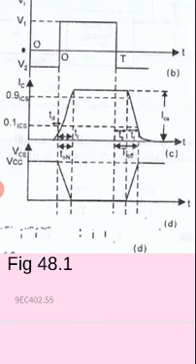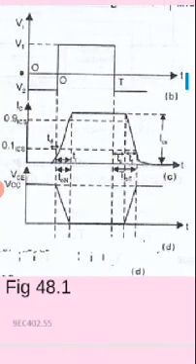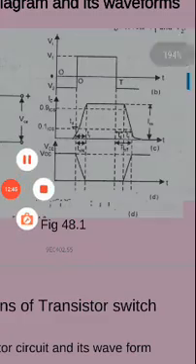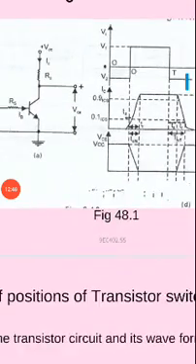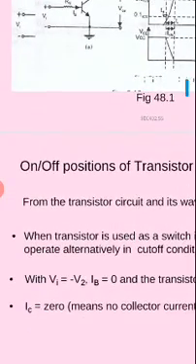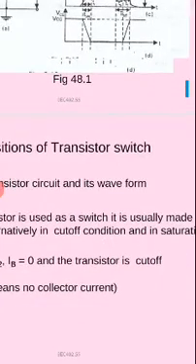All these are mentioned there, along with T on and T off. This is the switching action of the transistor, the on and off positions of the transistor switch.